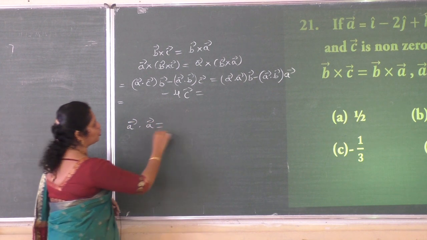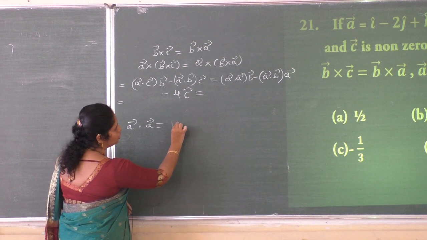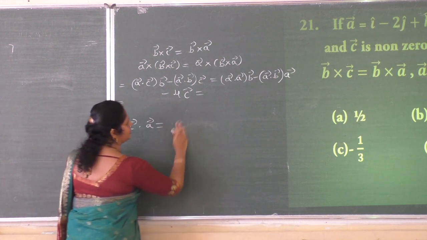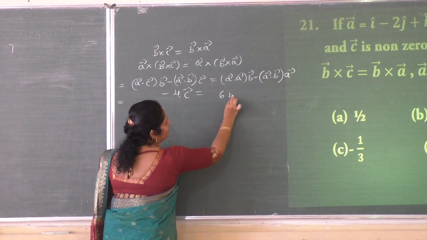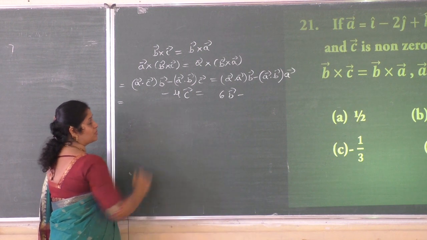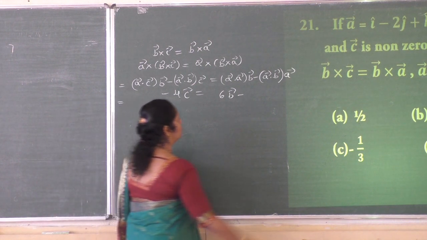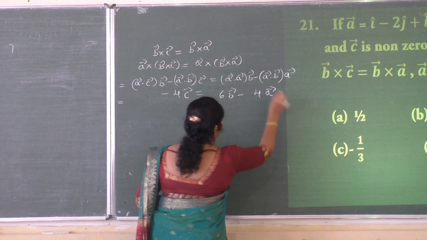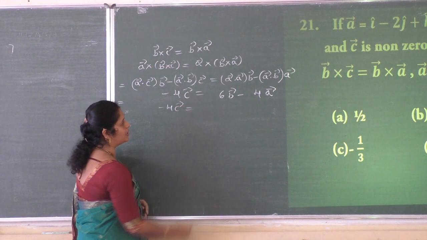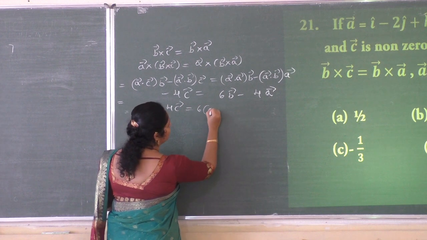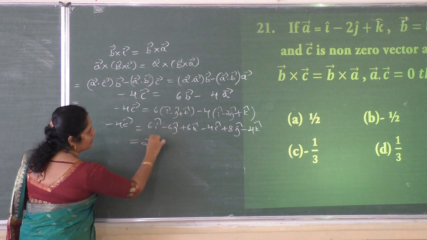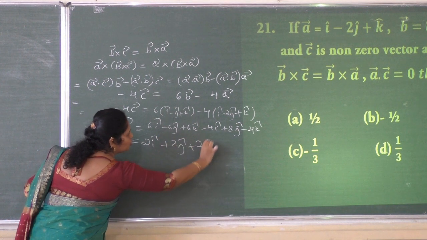Taking the dot product of the same vector: 1, minus 2 into minus 2 is plus 4, 1 into 1 is 1, that is equal to 6 vector B minus vector A dot vector B. Already we calculated vector A dot vector B, that is equal to 4 vector A. So minus 4 vector C is 6 vector B minus 4 vector A, that is equal to 2 i cap plus 2 j cap plus 2 k cap.